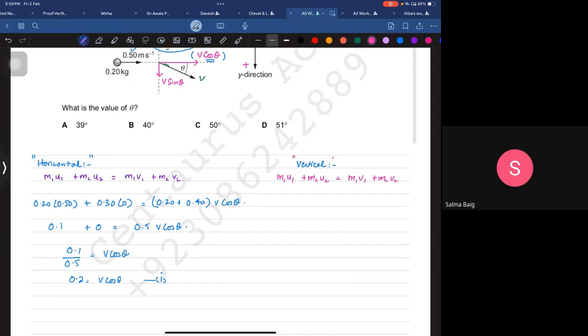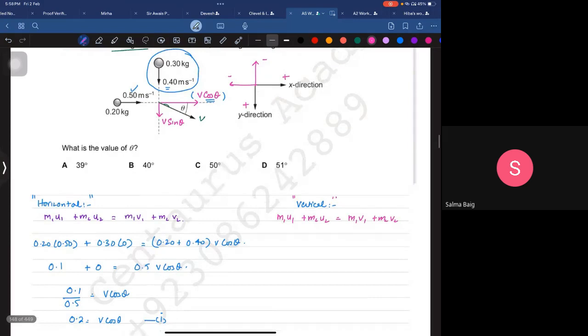Because we're only looking at vertical, the first object, which was 0.20, was basically 0. Why am I taking it as 0? Because it was completely horizontal.